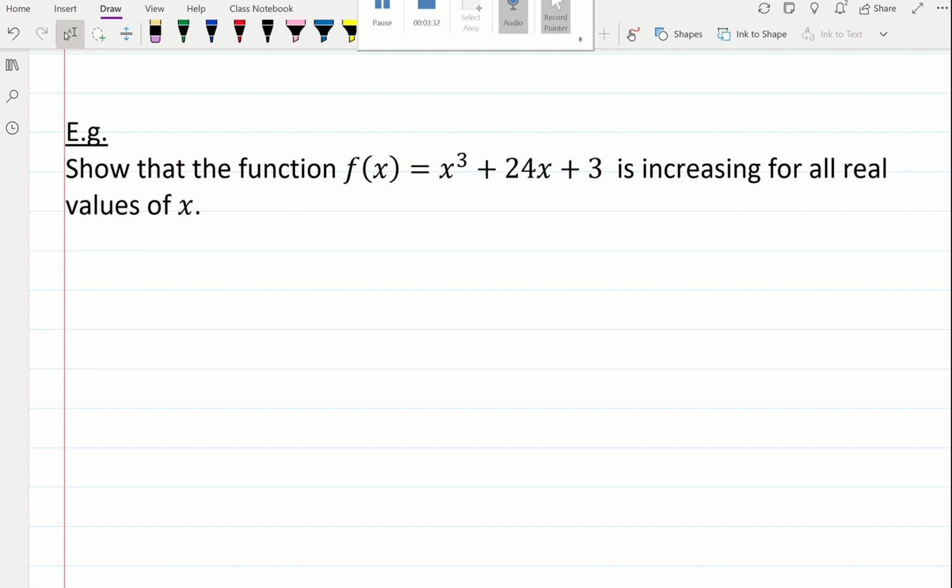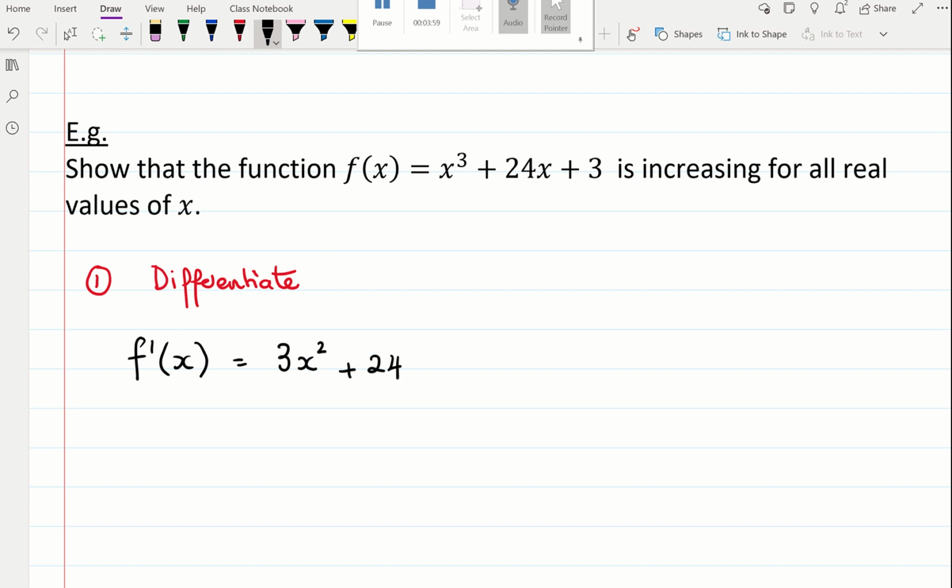Show that the function f of x is x cubed plus 24x plus 3 is increasing for all real values of x. My step 1 is to differentiate. Okay. So this is 3x squared plus 24.